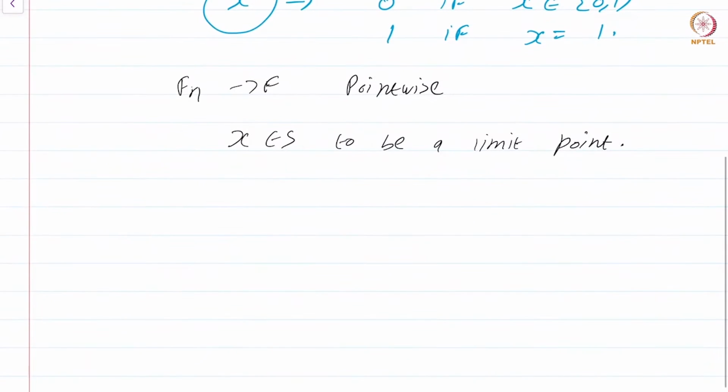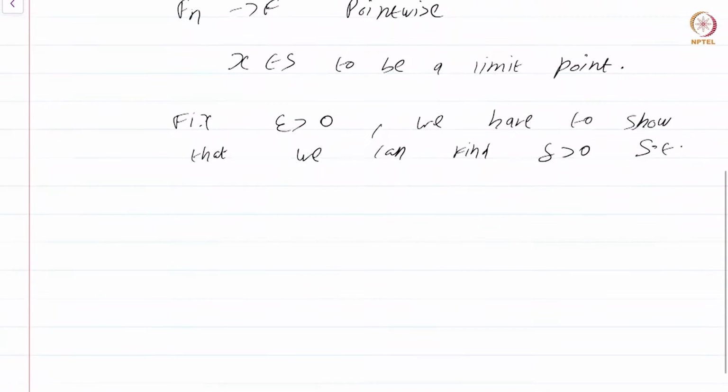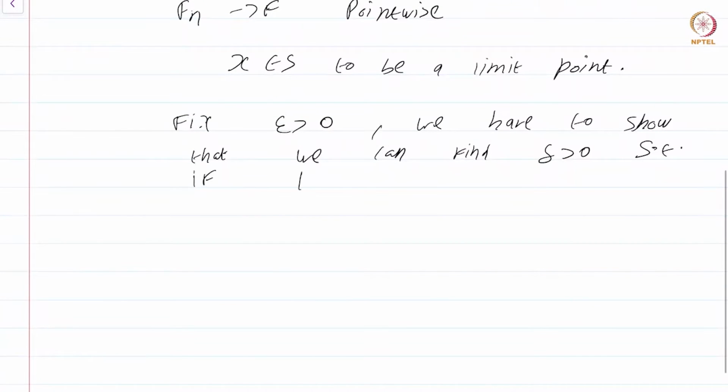Okay, so what we have to do is fix epsilon greater than 0. We have to show that we can find delta greater than 0 such that if |x - y| is less than delta and y is coming from the set S, then |f(x) - f(y)| is less than epsilon.